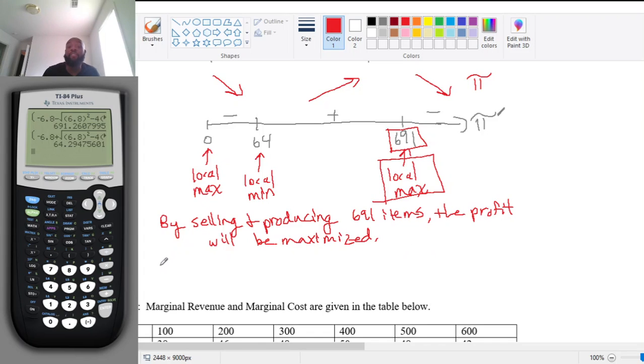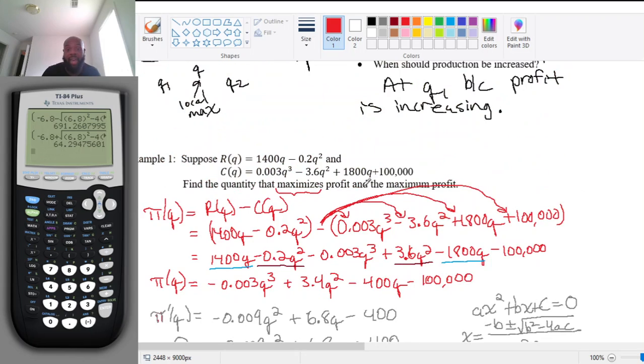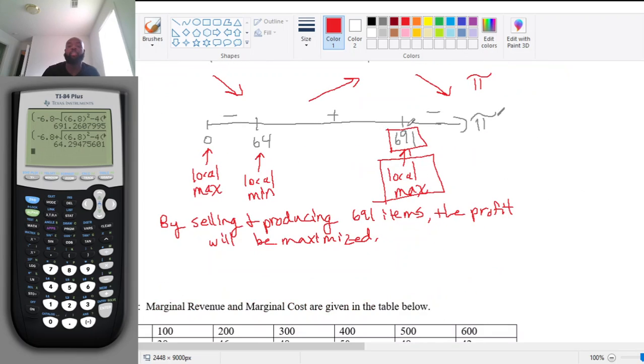The maximum profit, which this question also asks us to find in this part right here, we find by plugging that actual 691 into our original profit function.